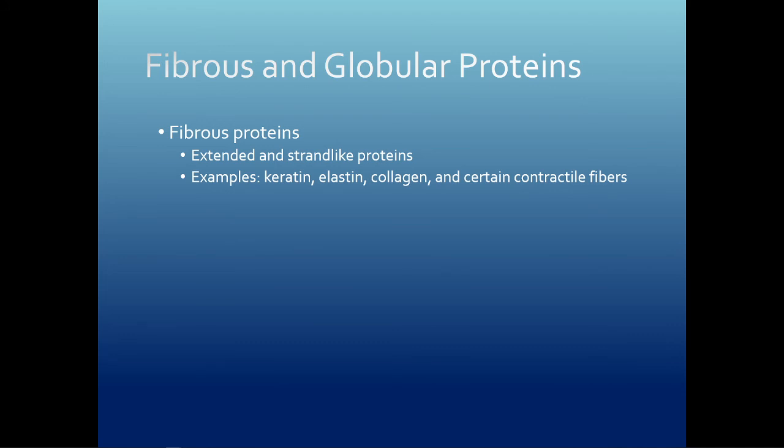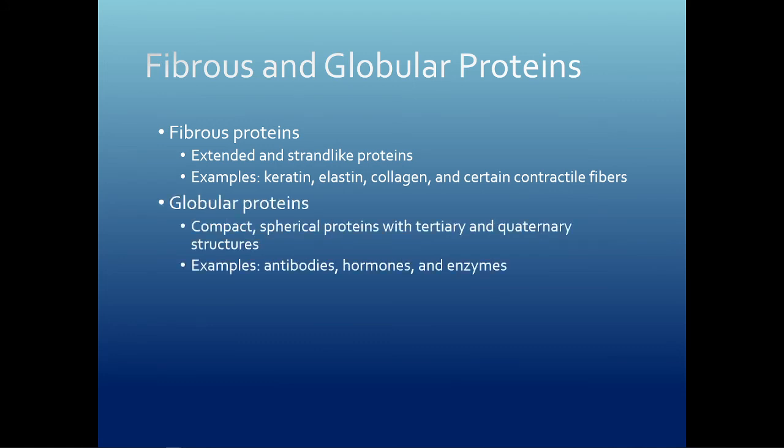Some people have really straight hair, some people have very wavy hair, some people have very kinky hair. That's all because of the keratin proteins within your hair, and depending on what shape they are, whether a primary, secondary, or tertiary structure of keratin, and that's based on your DNA, will tell you what kind of hair you have. A good example of that.